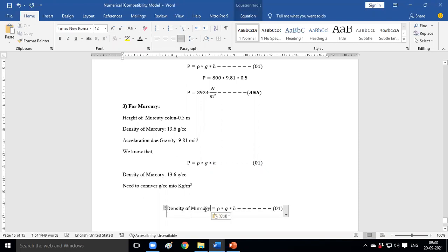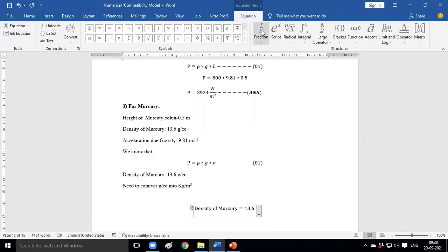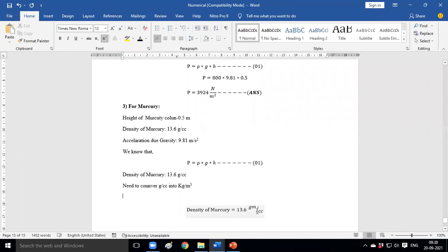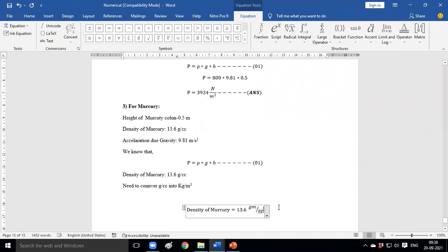Okay. So the density of mercury is given as 13.6 gram per cc. I will write the unit here just for understanding purposes: gram per cc. Cc means centimeter cube.